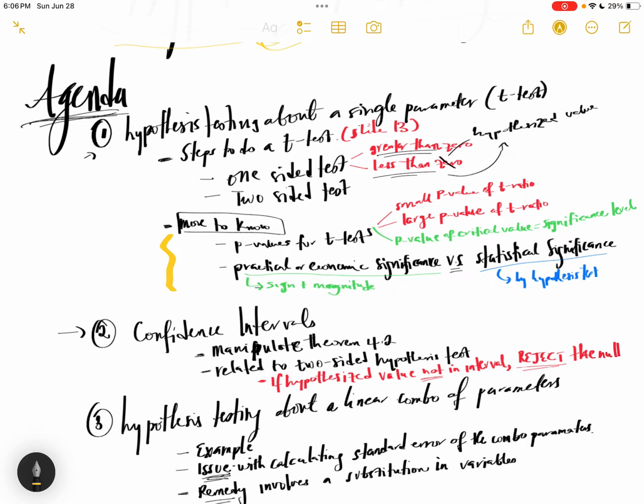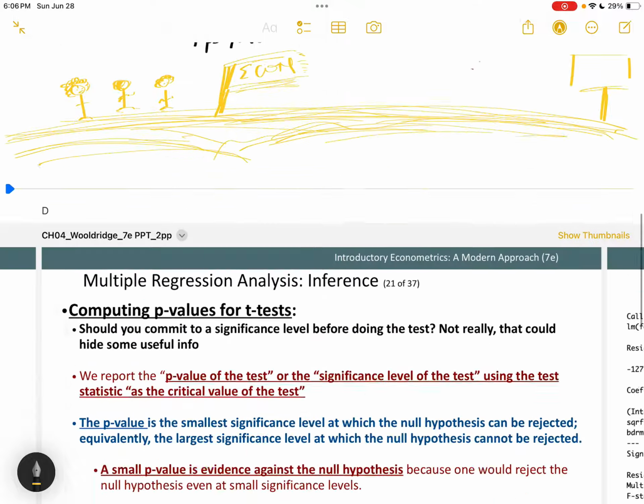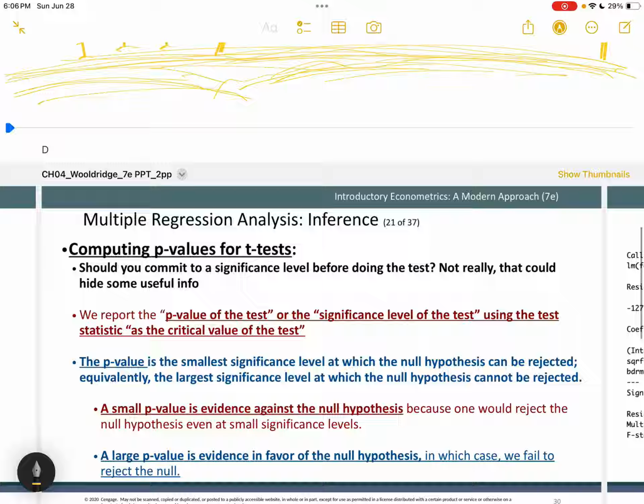And when we draw that, the area to the left of that critical value, that shaded area, was the significance level. That's the p-value. That's the area under the curve bounded on one side by the critical value. So the p-value of the critical value is the significance level.